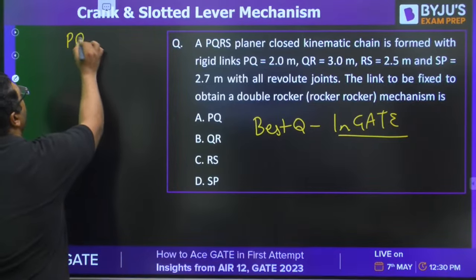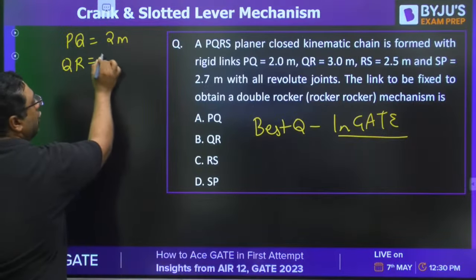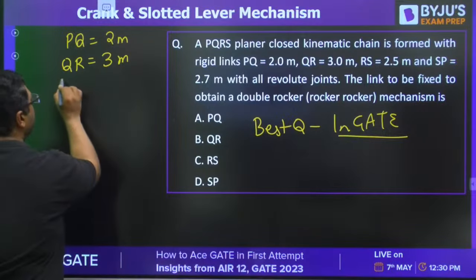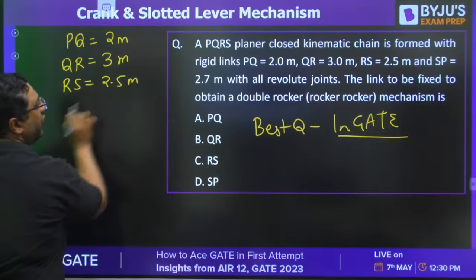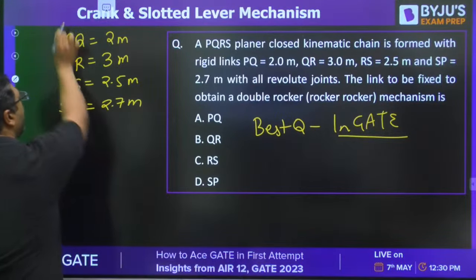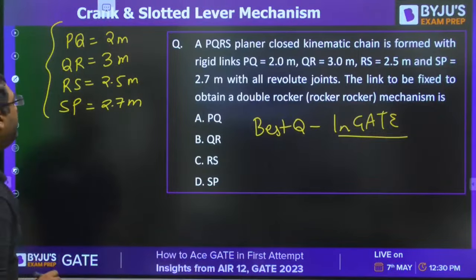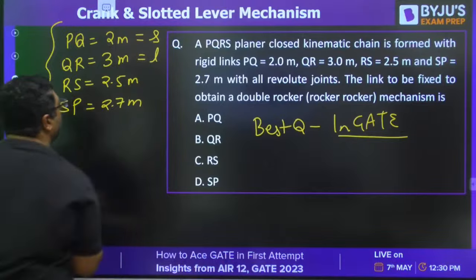We will say PQ to be 2 meters, QR to be 3 meters, RS to be 2.5 meters, SP will be 2.7 meters. So if you see, this is going to be the shortest link, this is going to be the longest link.